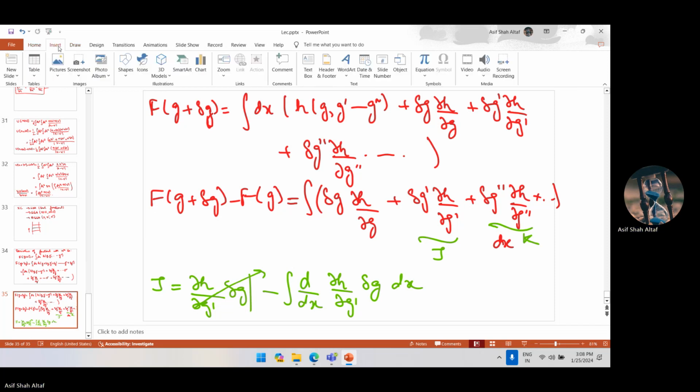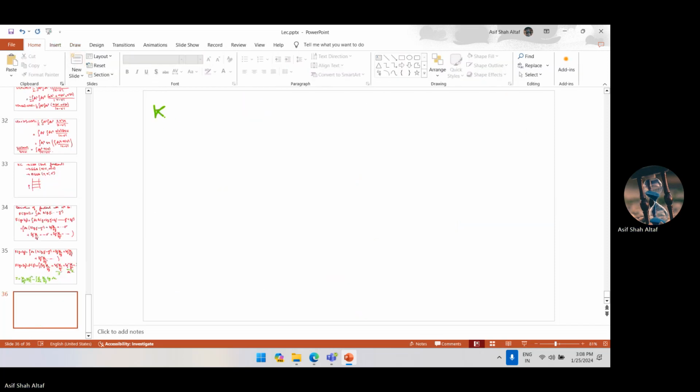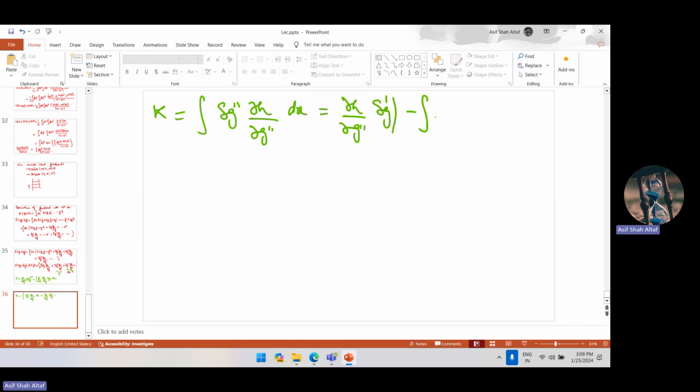Similarly, the k is basically, so the first time integration by parts will give you this thing. Fine. And here then you will have delta g dash and dx. This term will go to 0. Then you will have minus here.